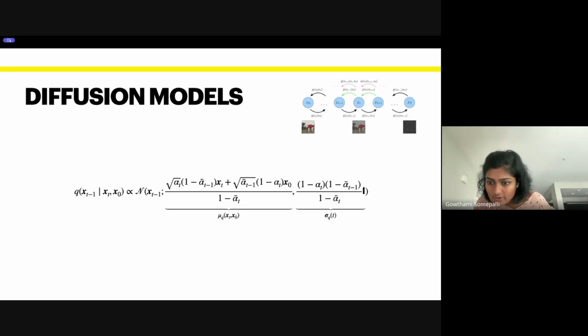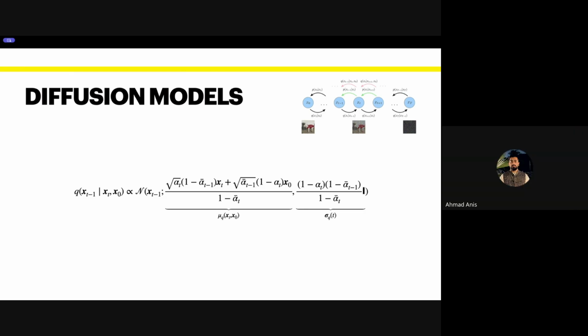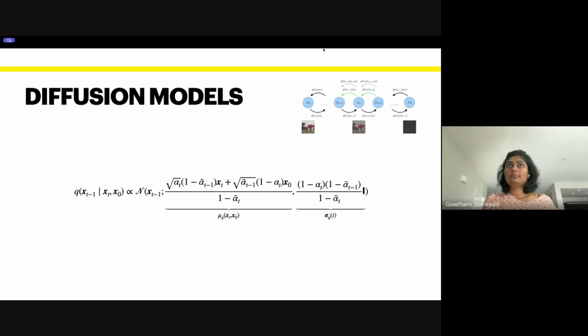Is there a relation between P and Q at any given time T? So that is the whole thing we are trying to model.